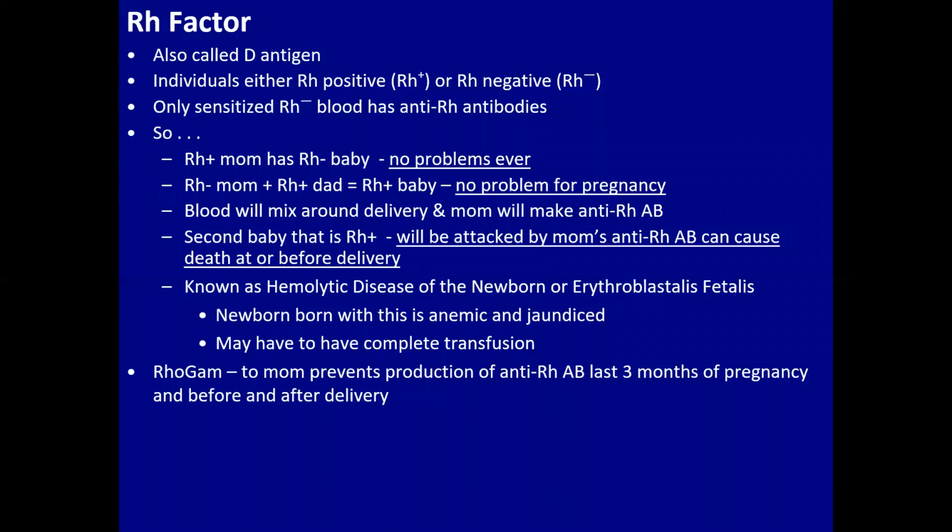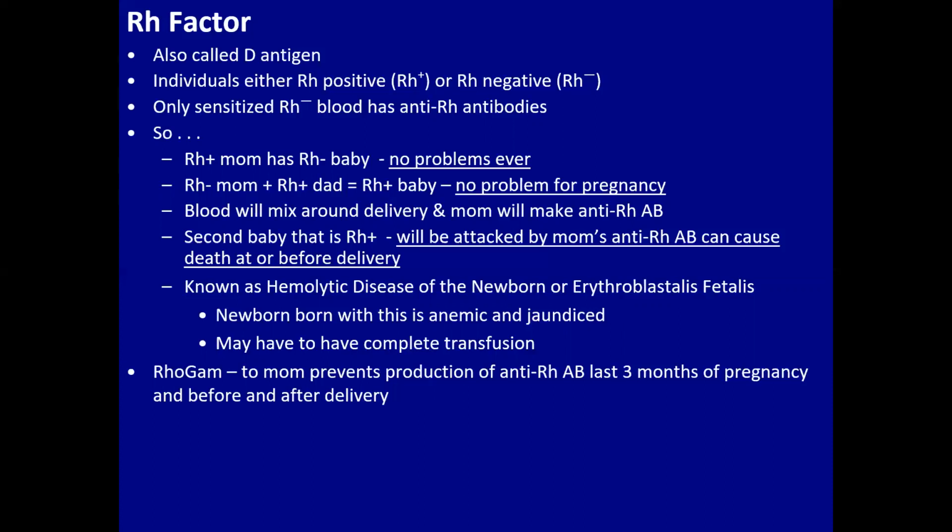So if a person who is Rh negative has been exposed to Rh positive blood, they're going to build up antibodies, right? So there may not be an issue the first time, but the second time they're exposed to that blood, they will have an antigen antibody response.